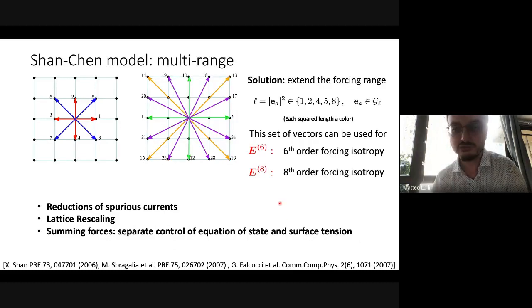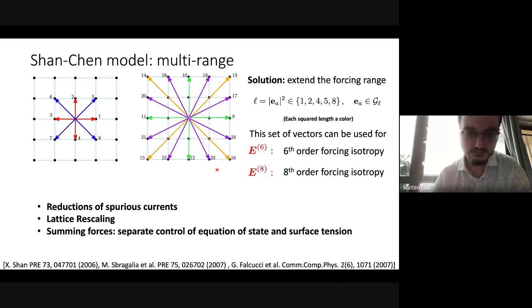So how did people get over the single belt Shan-Chen forcing scheme? By enlarging the set of forcing vectors. And in this case, we are using 5 different groups with this square length. And these vectors can be used either to obtain a 6th order isotropic forcing or an 8th order isotropic forcing.